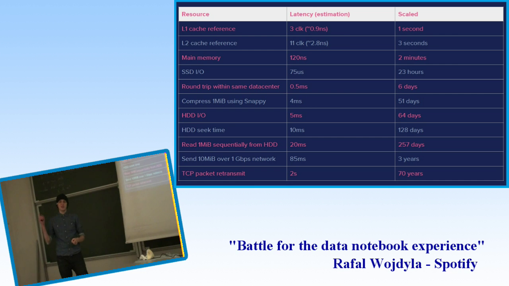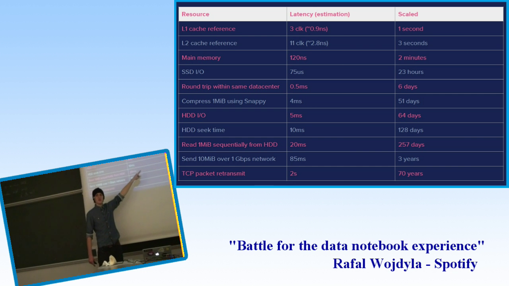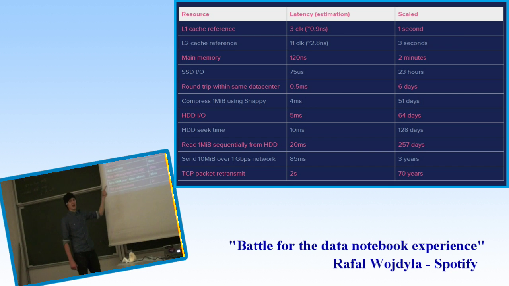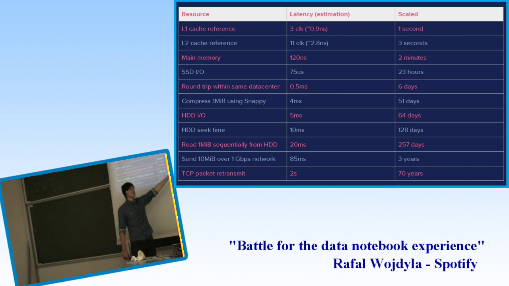If you compare that to the memory, 2 minutes versus 23 hours. If you happen to still have this old disk that rotates, then you have to wait 64 days instead of 2 minutes versus memory. That's for I/O, but you first have to go to the place where you want to read the data, meaning you have to do a seek, and that's going to take 128 days if we scale the values.